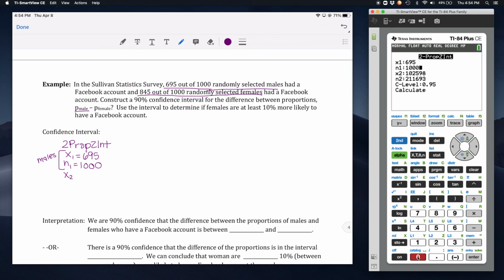For our females, we have 845 out of 1,000. And our confidence level is 90%. So we're going to use 0.90. We're going to go ahead and hit calculate.